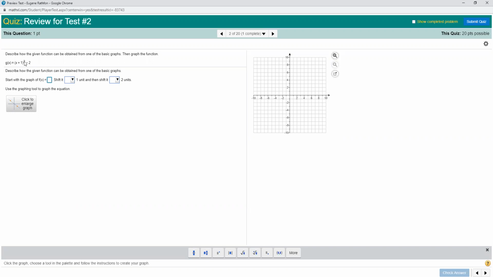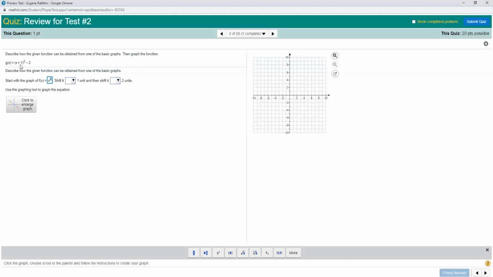So put your x, and then down here click the little box so you can do the exponent. And then we put in the exponent of 2. So you're going to start with the x squared graph, and then you got to figure out the 1. Well, the 1 is inside these parentheses with the x.